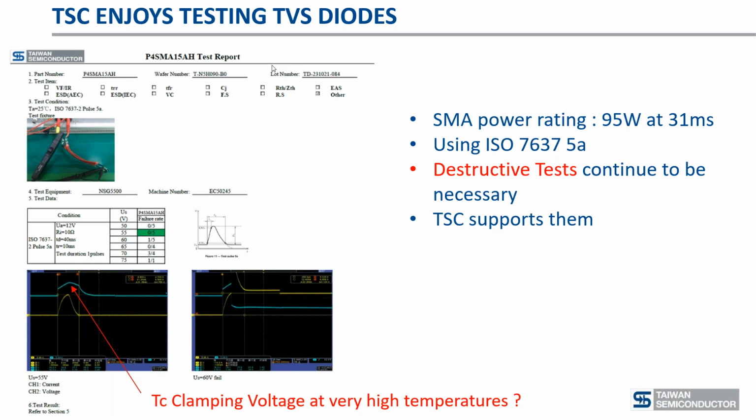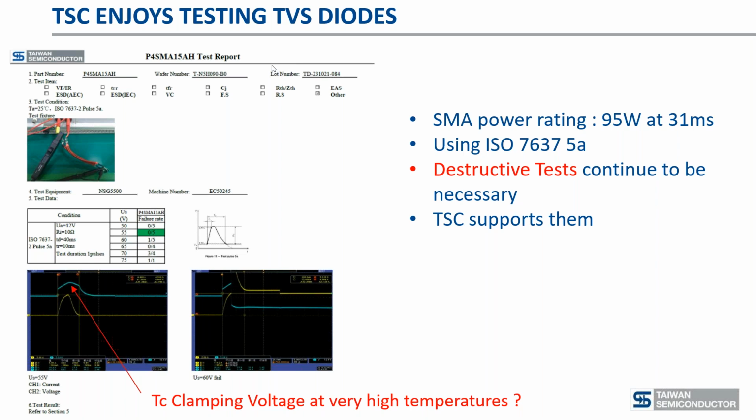What you see on the scope plot here, the blue trace is the clamping voltage, and it's got a serious bump, and that is the temperature coefficient of the device at a very high temperature. If you see a bump like that, it's starting to get close to destruction time for the TVS. That's a very large increase of the clamping voltage.